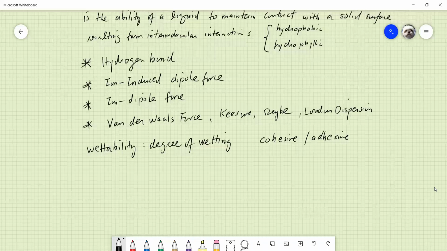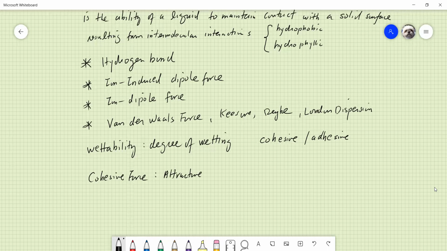You can think of a cohesive force as the attracting force between the same molecule, the same type of molecule.